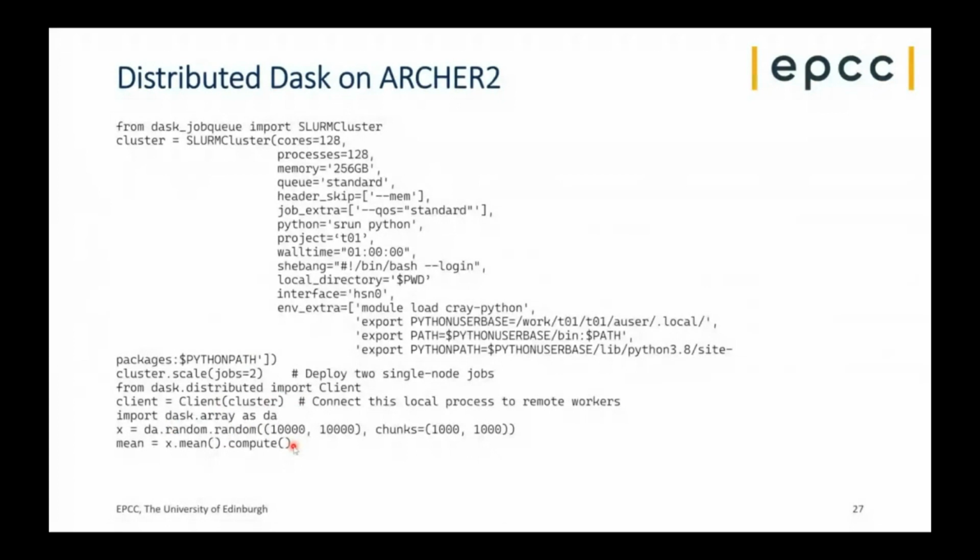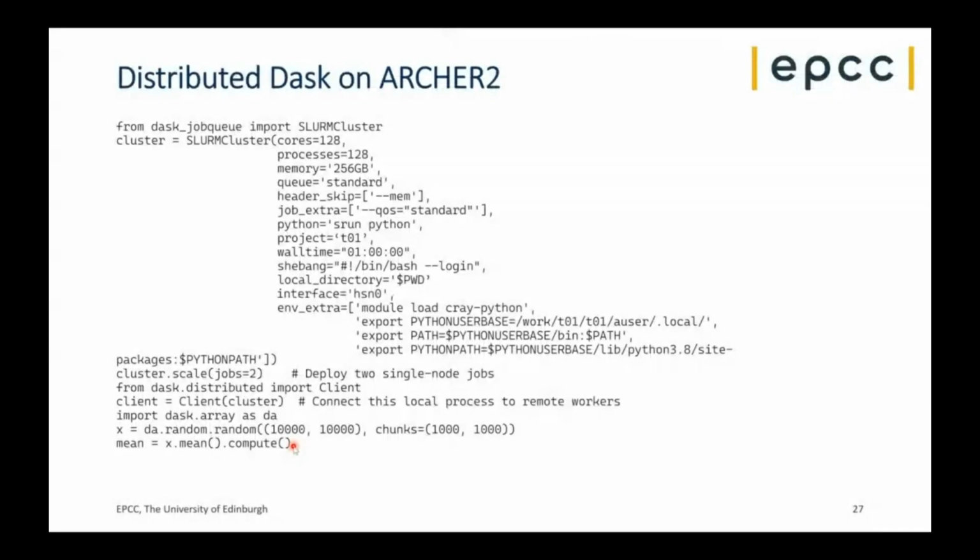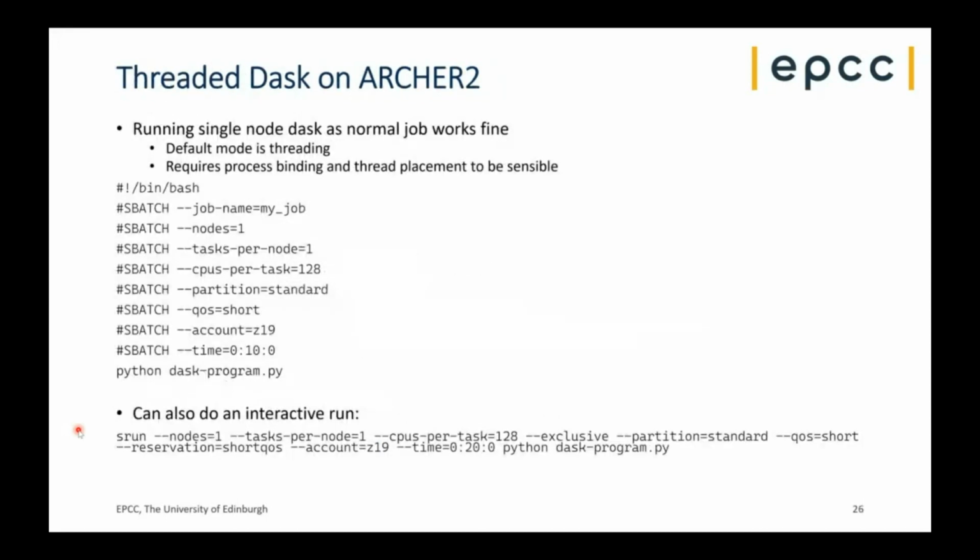That will let you run much larger jobs on something like ARCHER2. You can create arbitrary job size things here, which will be able to process very large Dask arrays or Pandas data frames using this jobqueue idea on ARCHER2.